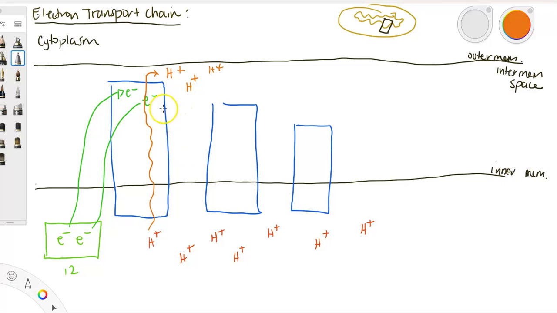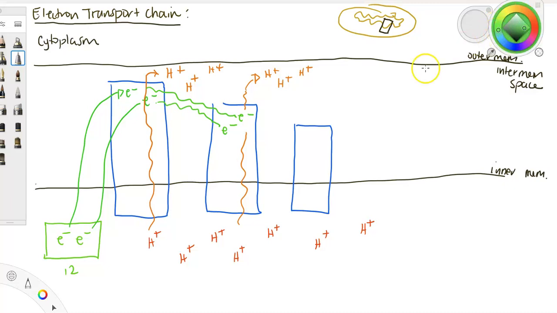All right, these electrons then are going to use some of their energy, and then they're going to sort of hop down to this protein. And when it does that, then this protein is going to barf out hydrogens.